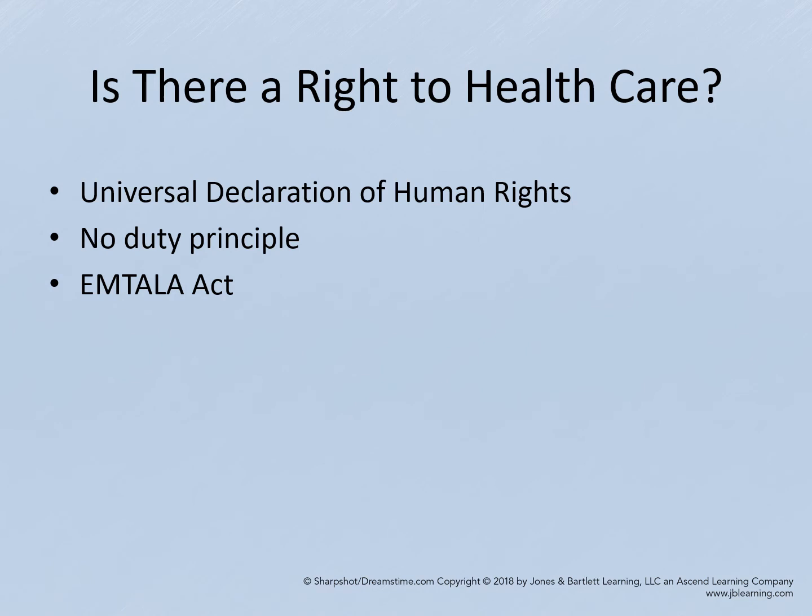Now there is another law which was passed in 1986 by the federal government. That is known as the Emergency Medical Treatment and Active Labor Act, known as the EMTALA Act. The EMTALA Act represents the only truly universal legal right to health care in this country.